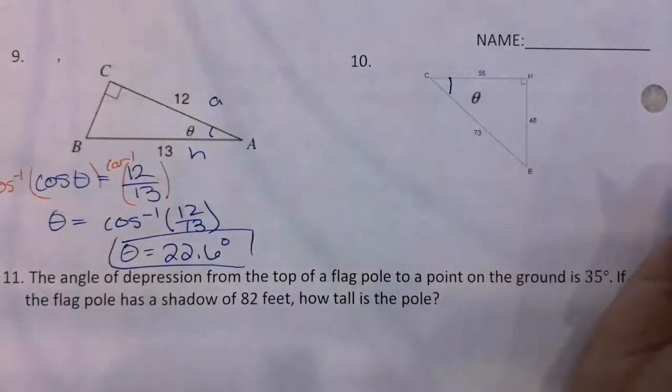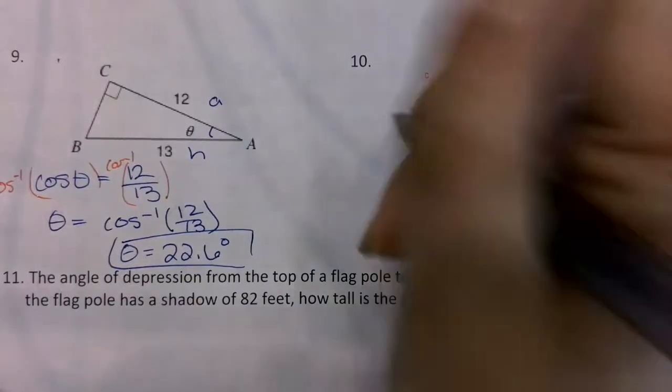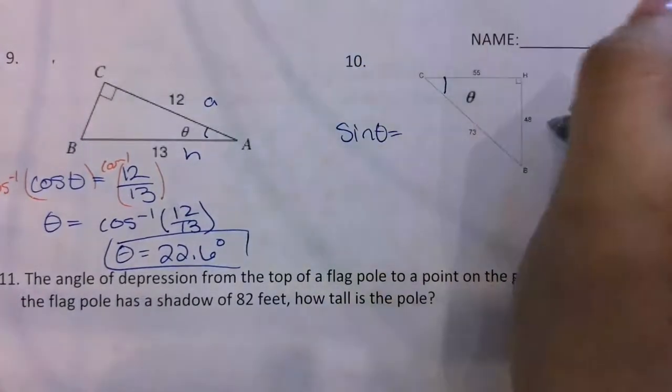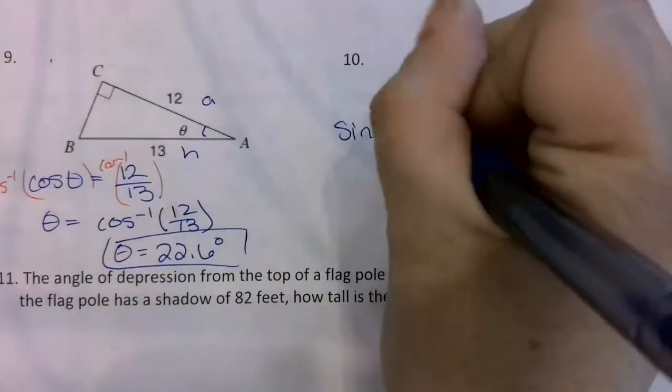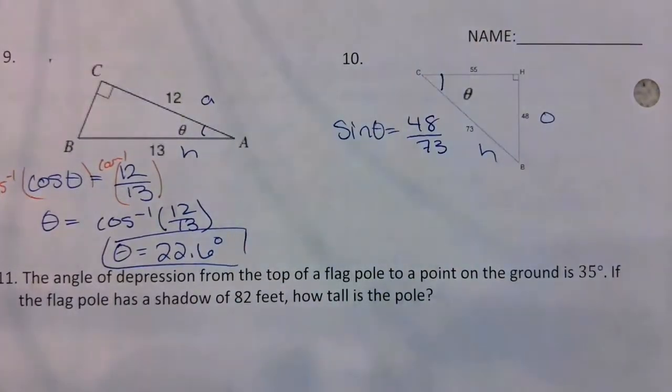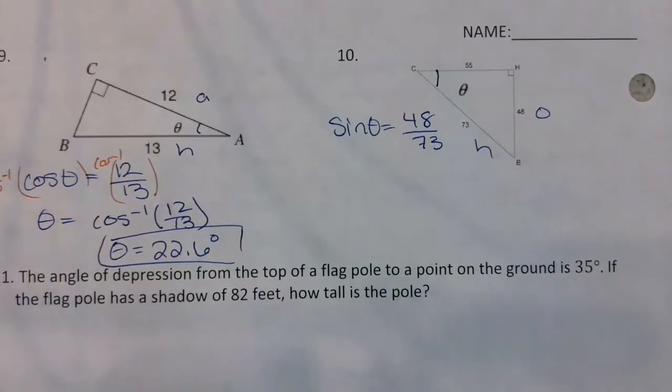Okay, same thing over here. This is my angle. I have all three sides. I can pick whichever one I want to use. I'm going to use sine. So I have sine of theta equals opposite over hypotenuse. So 48 over 73. If you pick any of the other two trig functions, it should give you the same answer.